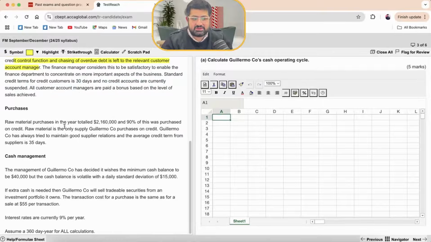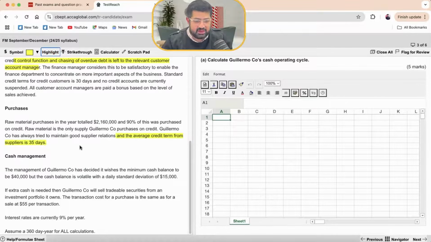So raw material purchased the year total $2.16 million, and 90% was purchased on credit. Raw material is only supplied to G company on credit. And then G company has always tried to maintain good supplier relationships, and average credit supplier days is 35 days.